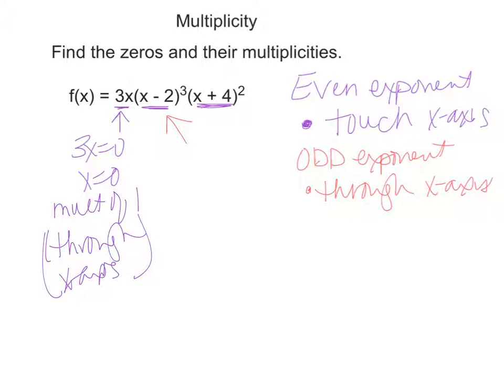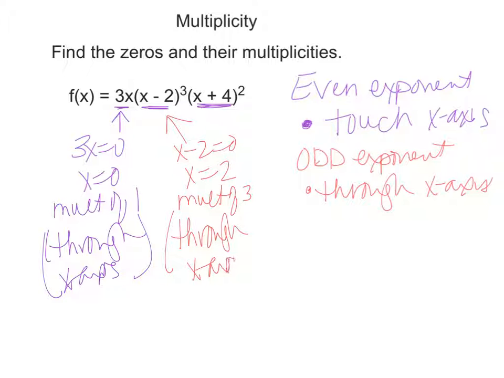Cool. Now look at this other one. My second one here, if I set this x minus 2 equal to 0, then I get x equals 2. That is my zero. It is a multiplicity of 3. And because it's odd, it is going to go through that x-axis. Last but certainly not least, I'll do a nice long arrow here.